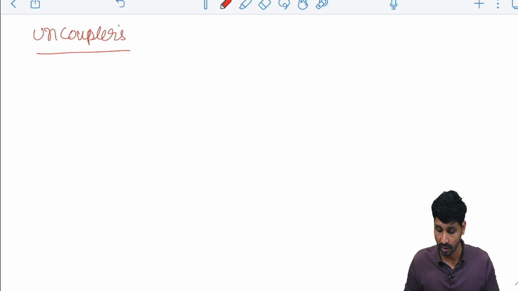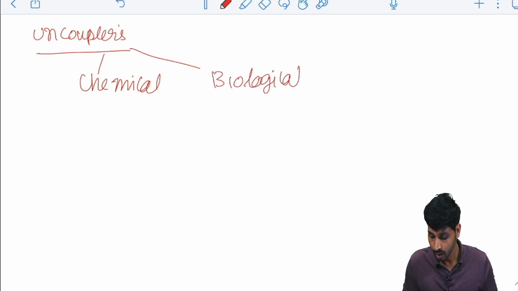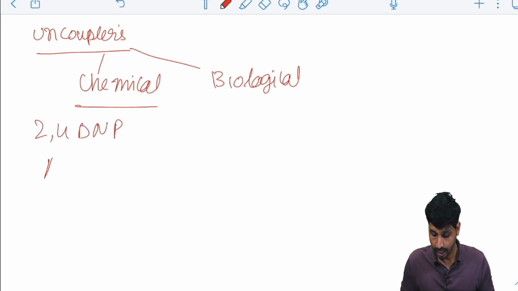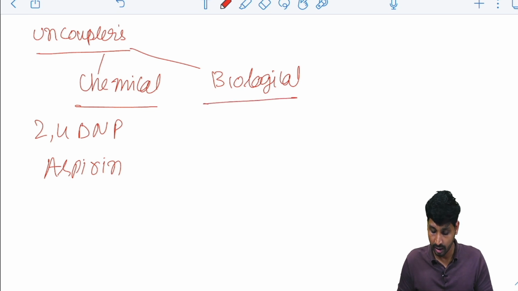There are 2 types of uncouplers, chemical and biological. Chemical uncouplers include 2,4-dinitrophenol and aspirin. These are the 2 chemical uncouplers. Biological uncouplers are otherwise known as physiological uncouplers; they are naturally produced in our body.